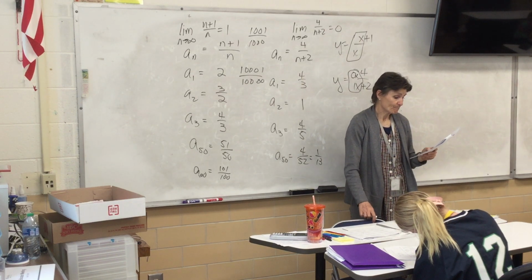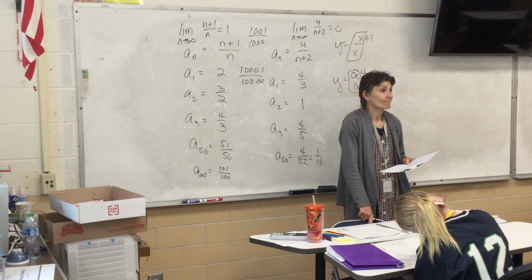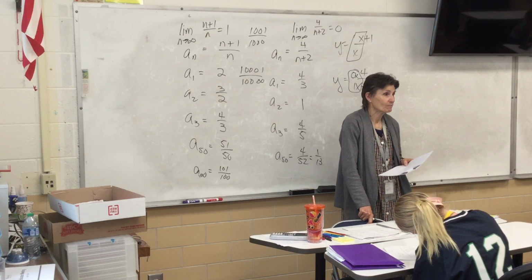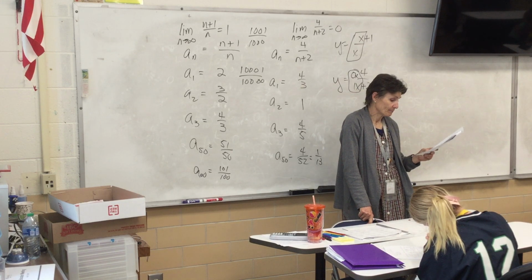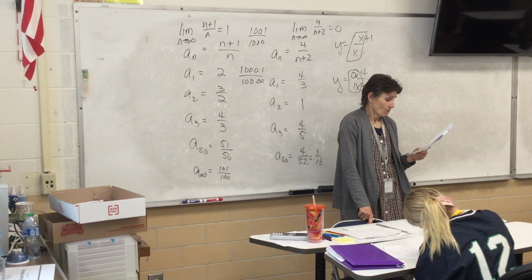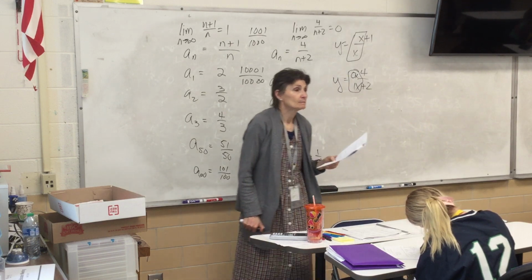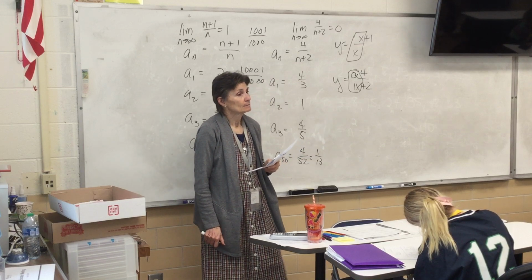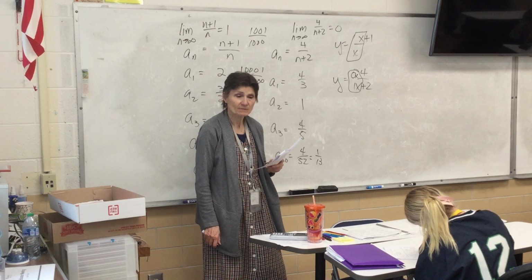What about D? -2. The limit is -2. Perfect. It converges. You have -2n over n. What about E? The limit of E. I heard somebody say it. Would you say, Ollie? 4/5.